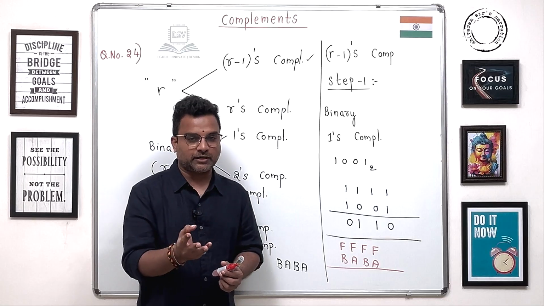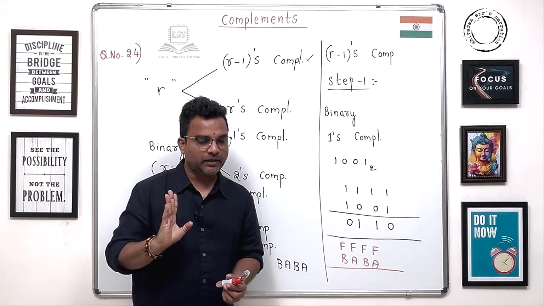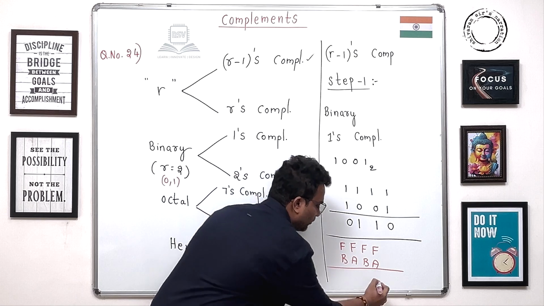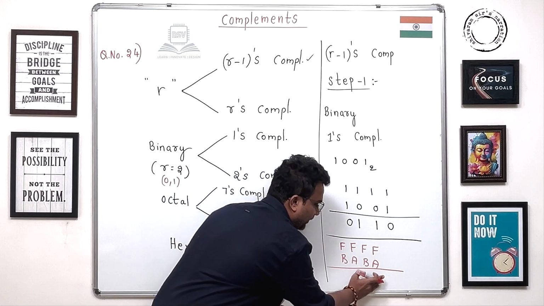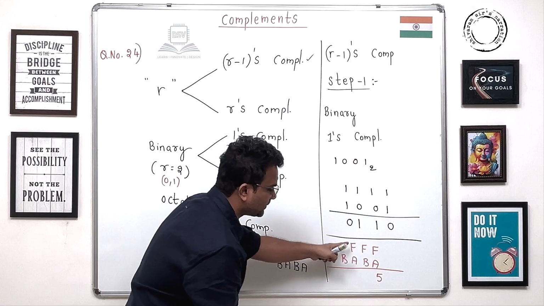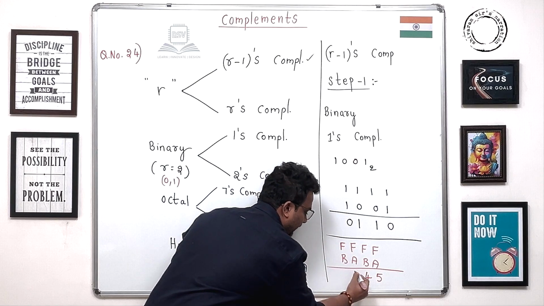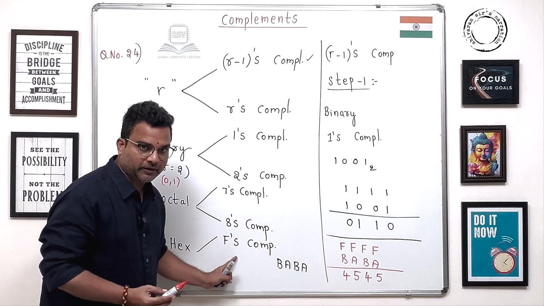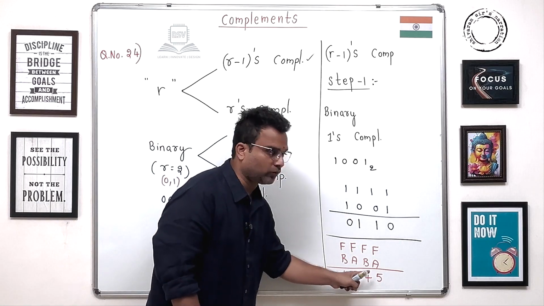I gave the shortcut also: A, B, C, D, E, F. So A means 10, B means 11. 15 minus 11 is 4. 15 minus 10, sorry guys, is 5. So the F's complement of the hexadecimal number BA is 45.